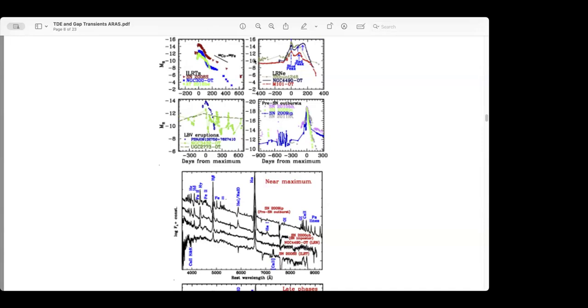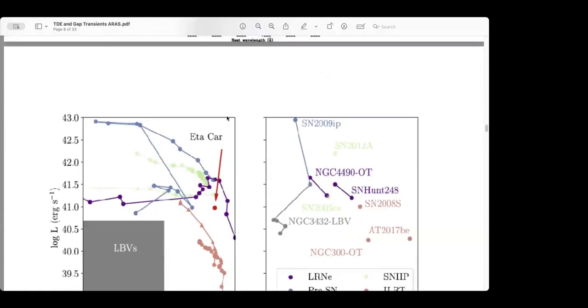But the point is they show the same phenomenon that we see in V1309 Sco.